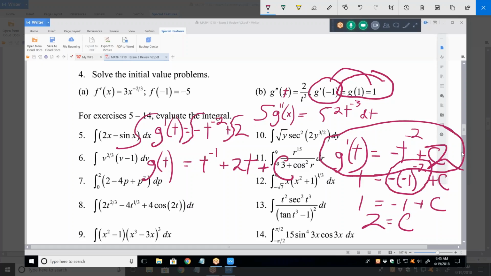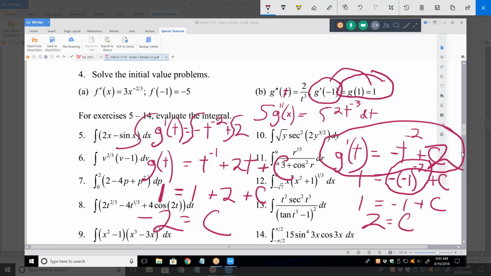Plug 1 in for the t's and then set it equal to 1. Okay, so when I plug in 1 there, I get 1. Plug in 1 there, I get 2 plus C. What's C equal to? Negative 2.